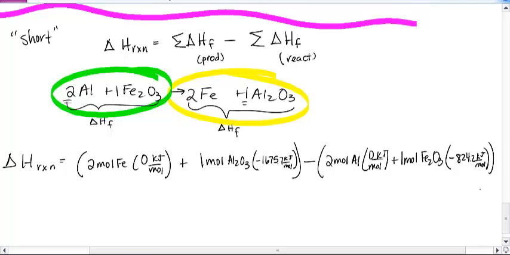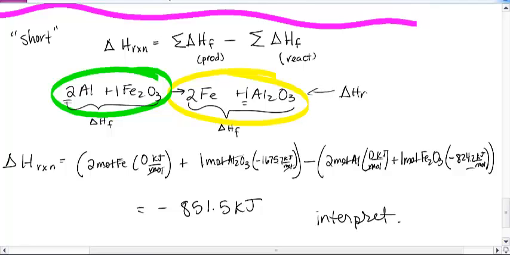Super, great. So now I've accounted for all of that, and when I plug it into my calculator, I get negative 851.5 kilojoules, because all the moles canceled out throughout, which then I can once again interpret in the very same way. I can attach it to the reaction and say delta H for the reaction is negative 851.5 kilojoules.